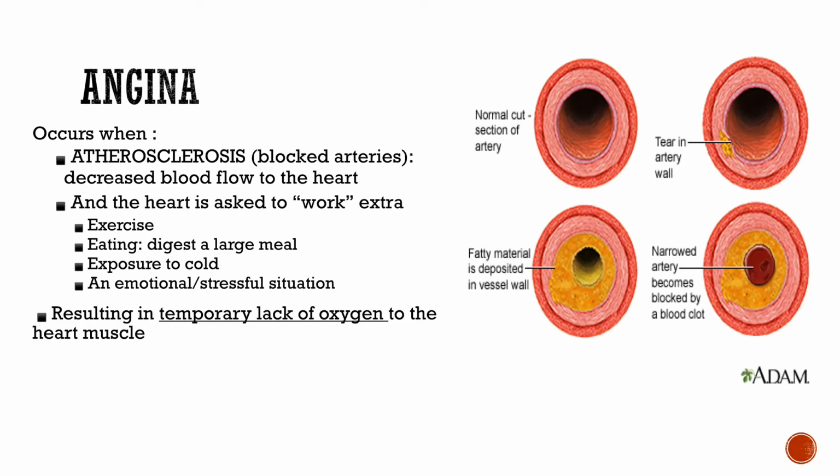Some of the things that are extra work or increased demands to the heart would include exercise or physical activity in general, eating and digesting a large meal, exposure to heat and cold, or being under a stressful situation. All those things increase the demand of the heart muscle, requiring more oxygen, yet the heart muscle has less available oxygen. That temporary lack of oxygen causes pain to the heart, and that's the process and definition of angina.